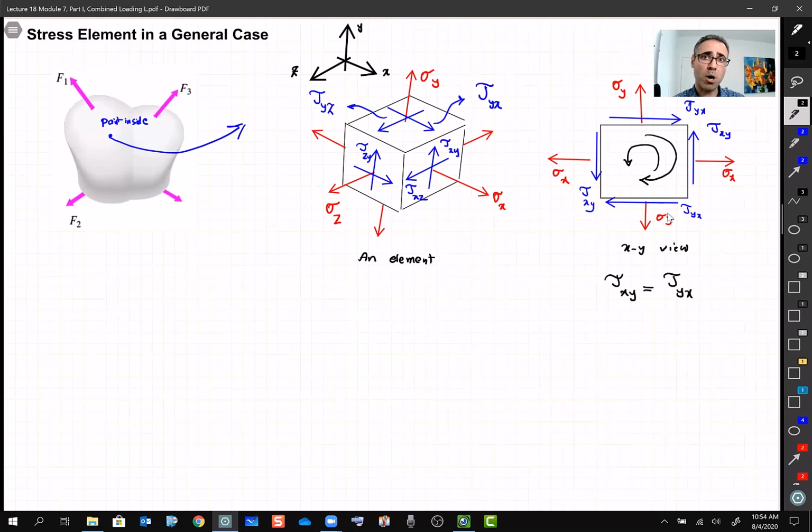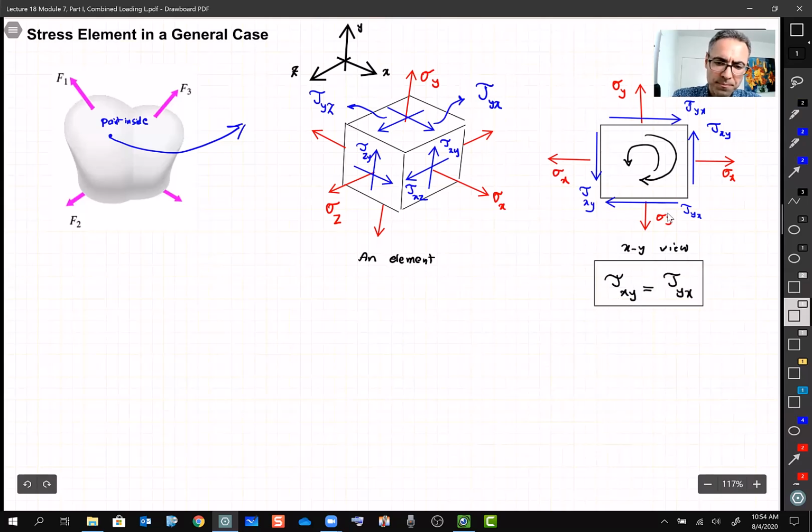Then each point in it starts spinning, which is not possible physically, right? With the same justification, we can say tau xz, for example, is equal to tau zx, and tau yz is equal to tau zy.